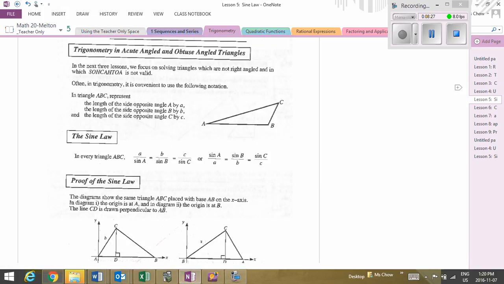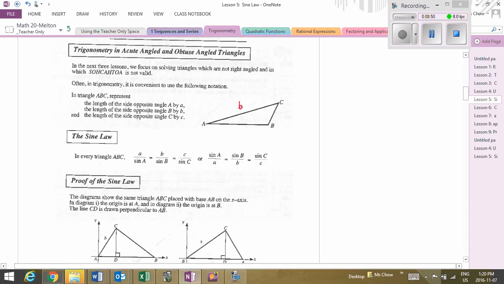Just as with our right triangles, if we have a particular triangle ABC, recognizing that when we name the lengths, I could name this length AC, but we're going to give it the name of lowercase of whatever is opposite it.